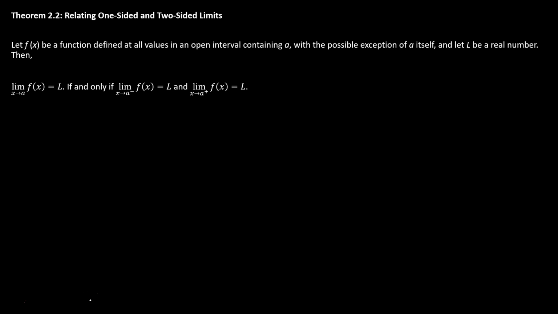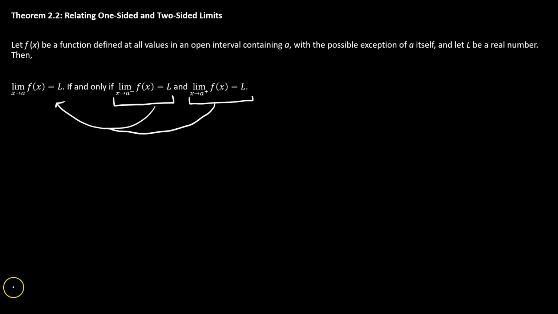So if we're talking about a function f that's defined everywhere, and we calculate the left-sided limit to equal L, and we calculate the right-sided limit to equal L, well then that tells us that the two-sided limit has to also be equal to L. And vice versa. If we're able to do that two-sided limit, then we know that the left and the right-sided limits have to match.